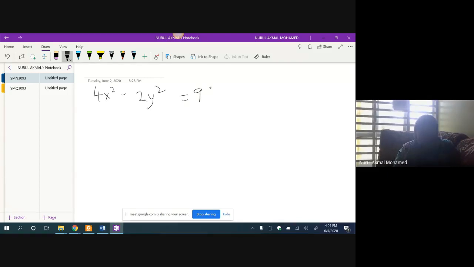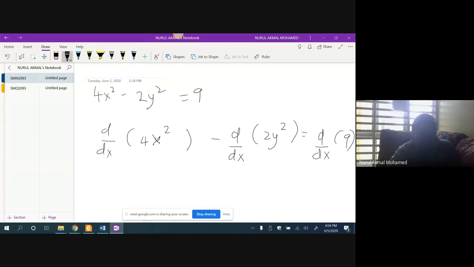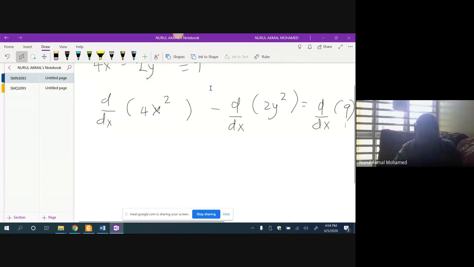For implicit, we have to differentiate both sides. So d dx of 4x squared, minus d dx of 2y squared, equal to d dx of 9. For the right-hand side, it is already a constant, so it will be 0.